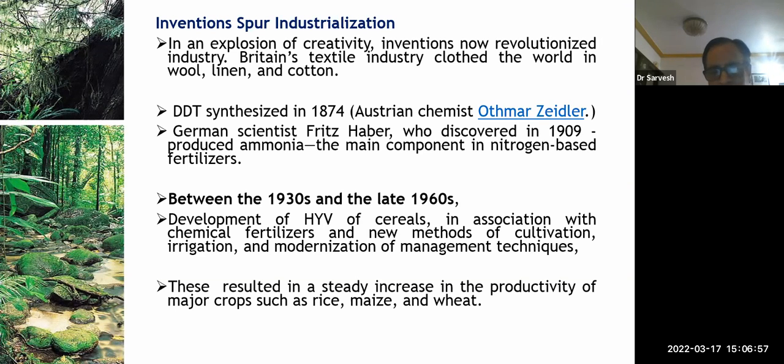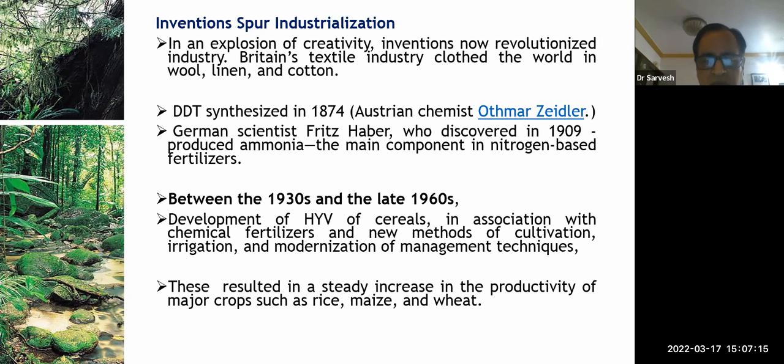The case may be referred to here as the high-yielding varieties of cereals, because millions of people had to be fed, and it was very much required to enhance the productivity of crops.